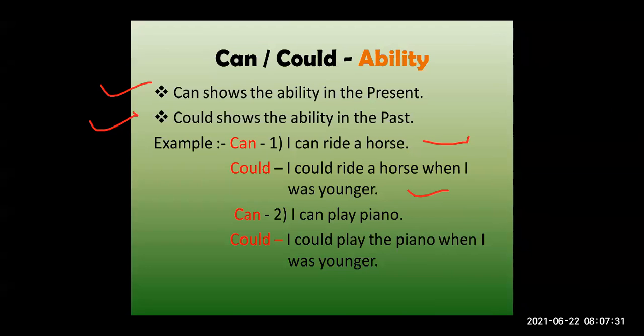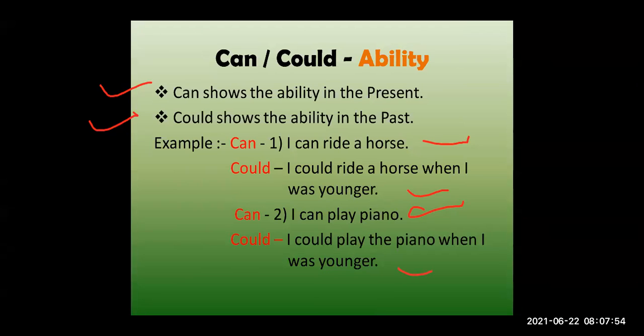Second example. Again, can shows here the present ability: I can play the piano. At present, I can play the piano. But could shows the past ability: I could play the piano when I was younger.